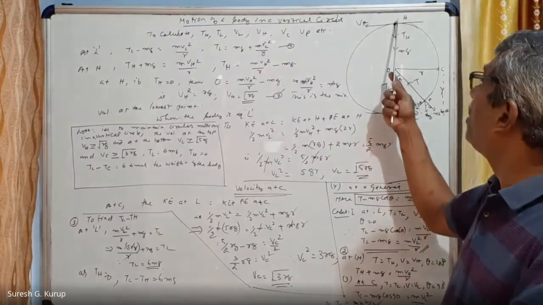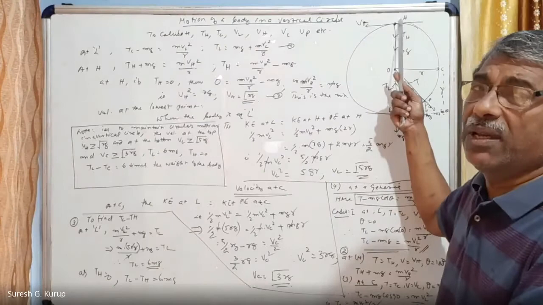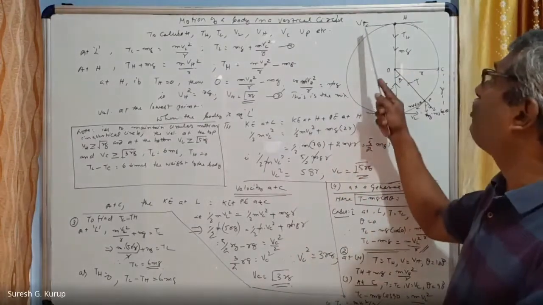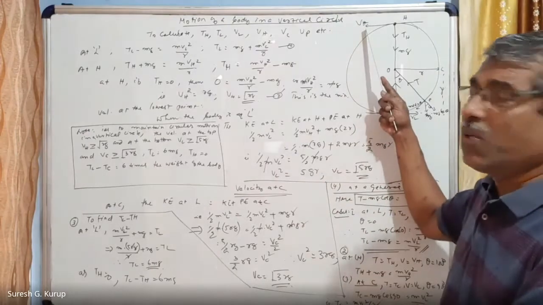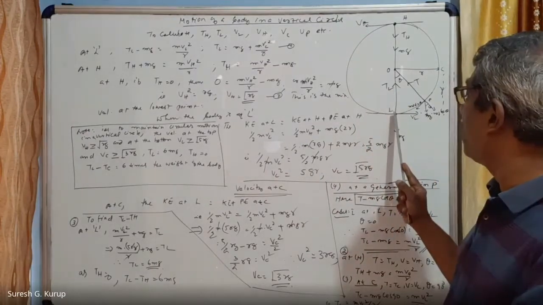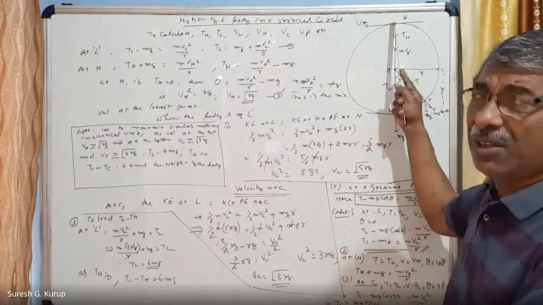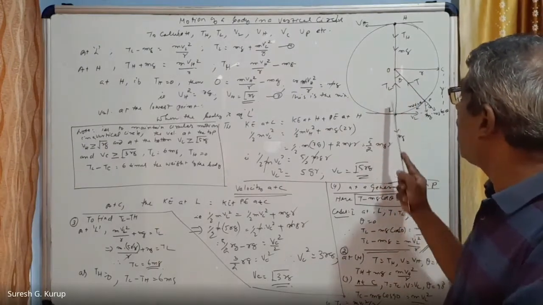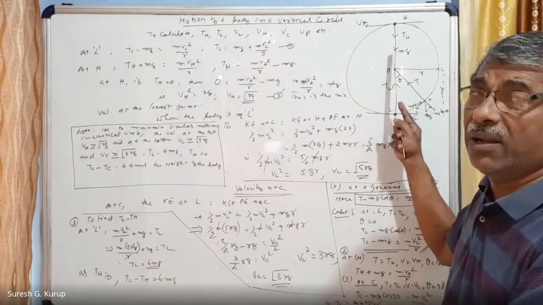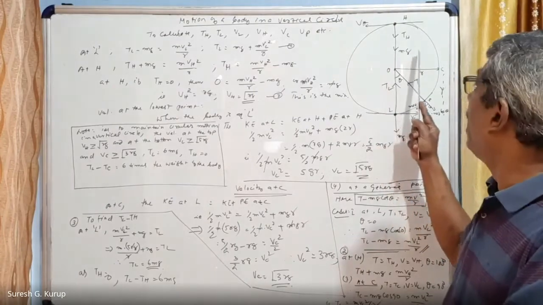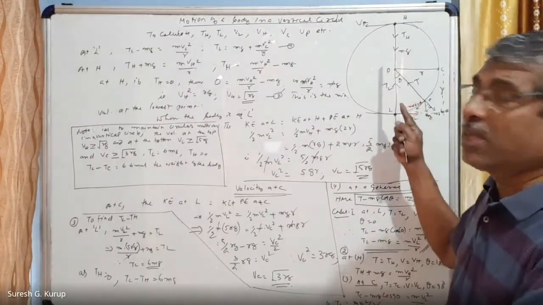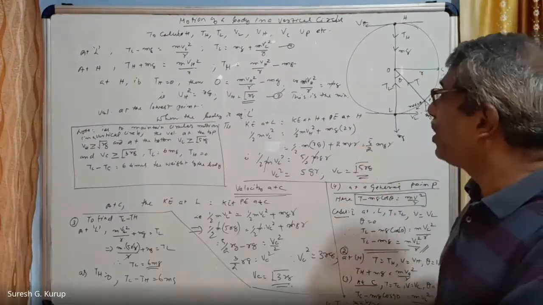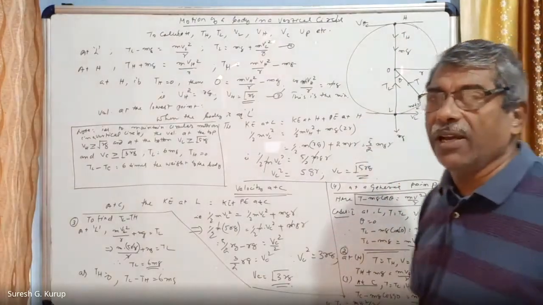When the body was at the highest point, it had both kinetic energy and potential energy. What is the kinetic energy? Half mvh square. What is the potential energy? Suppose the body is taken from this point to this point. What is the total distance? This much is radius, this also radius. R plus R is equal to 2R. Right? h is equal to 2R. And weight is equal to what? mg. Therefore, mg into 2R is the potential energy, and half m vh square is the kinetic energy.